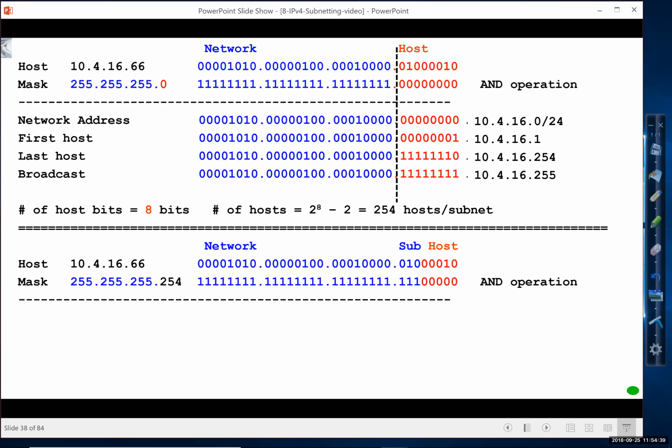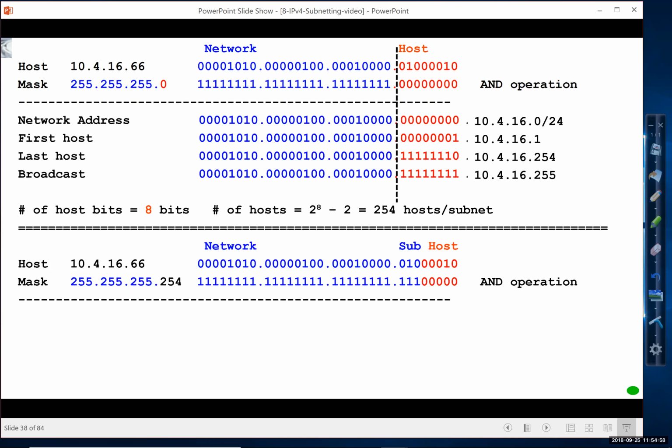What if we wanted to actually take this subnet, this network? Remember, subnetting is just taking a network and borrowing bits from the host portion to create the subnets.